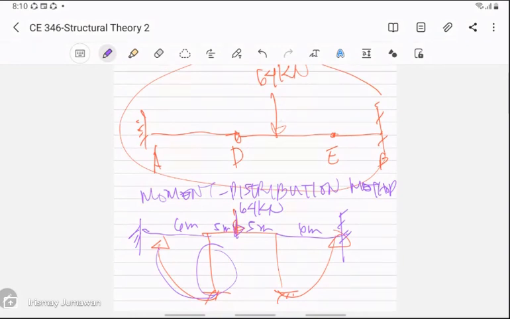Ruler, free for rotation man ang roller, diba?